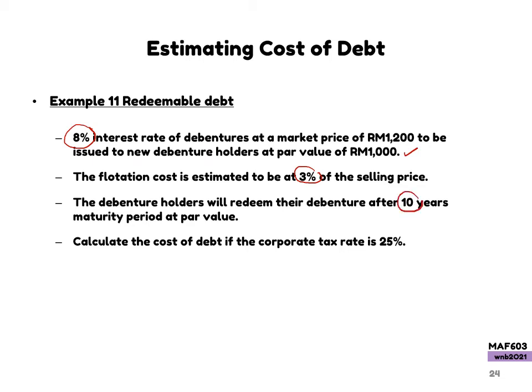So, it is a redeemable debt for how long? For 10 years. Selepas 10 tahun, company kena bayar balik. Ataupun selepas 10 tahun, bondholders akan redeem balik dia punya pinjaman tadi. Calculate the cost of debt if the corporate tax rate is 25%. Okay, kita akan tengok how do we work this out.